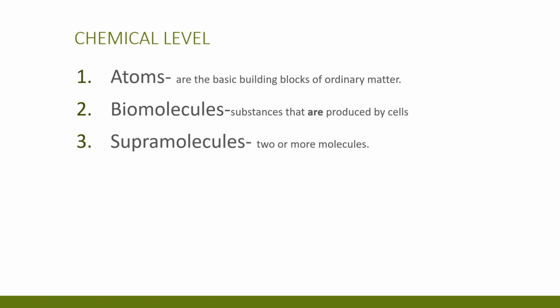A biomolecule is just saying that substances are produced by cells. A supermolecule is two or more molecules. So cells give off CO2. That would be like a biomolecule, right? And supermolecules would be more like glucose, because glucose is made from two sugars.